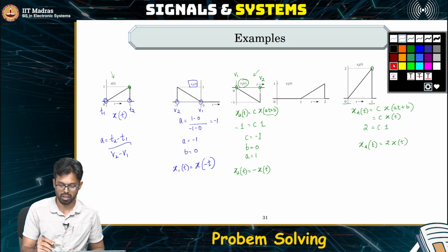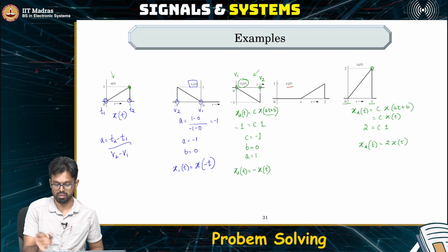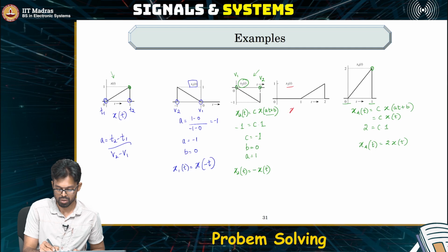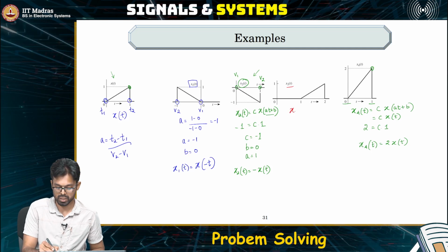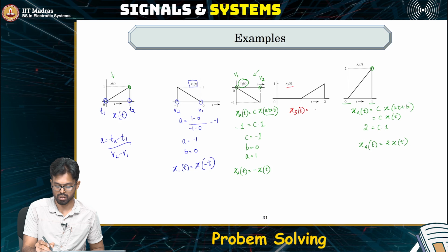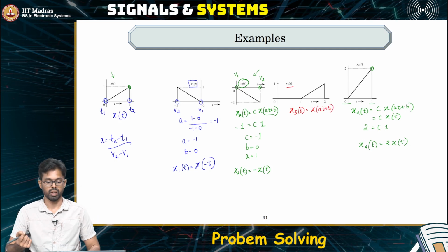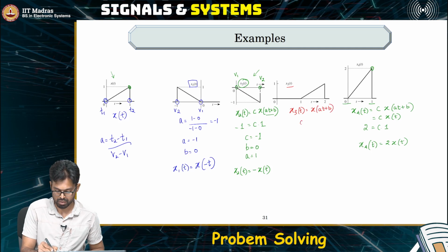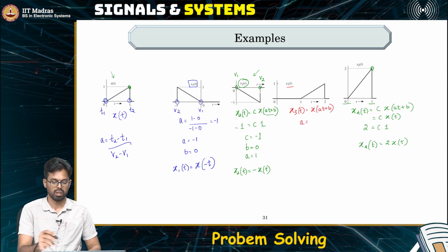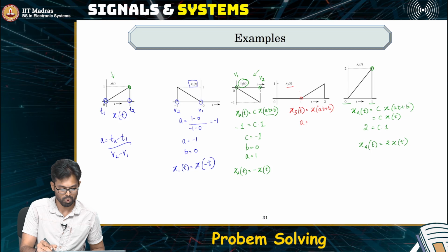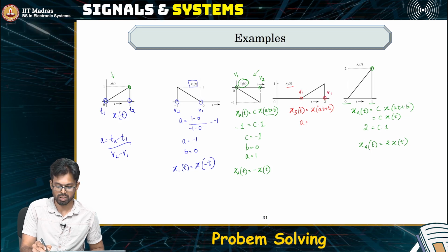Now let's see another and final example, x3 of t. There is no change in the amplitude, which means this is simply x3 of t is x of at plus b. Okay, let's find out A. The critical points have now moved to different locations.